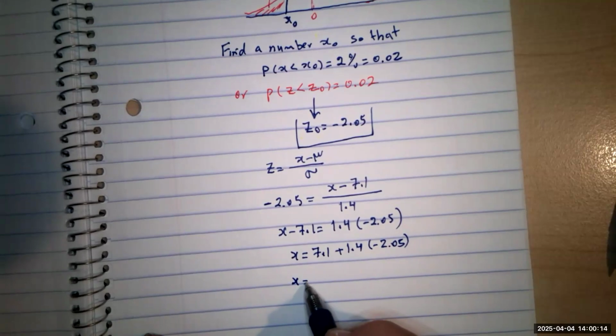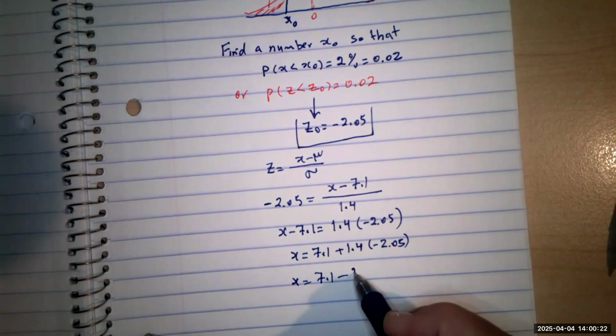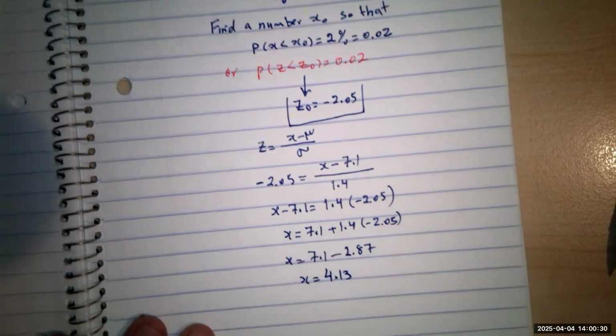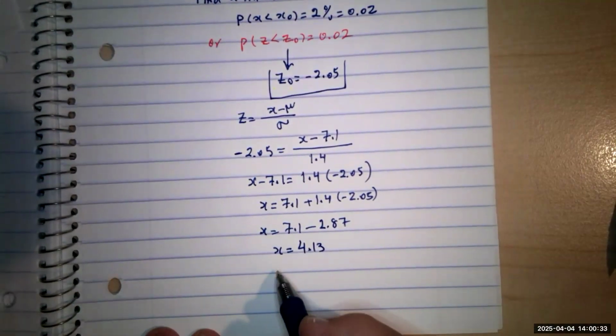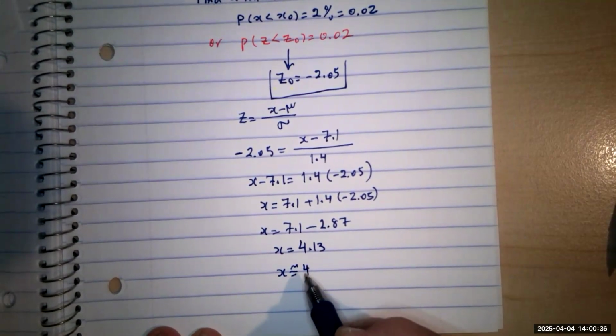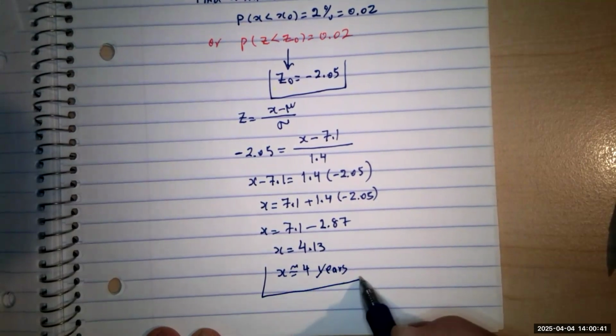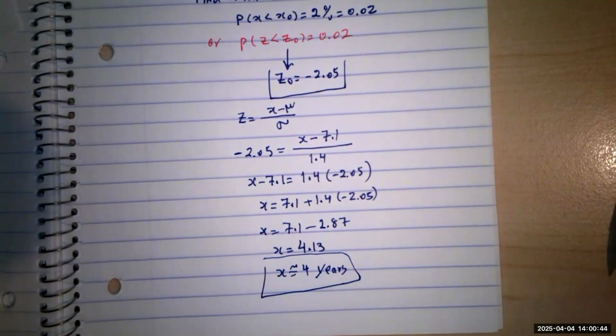With your calculator, that's 7.1 minus 2.87, so X is 4.13 years. It's a guarantee, so X is about 4 years. If you guarantee your item for 4 years, you are not going to be forced to give more than 2% of your items free.